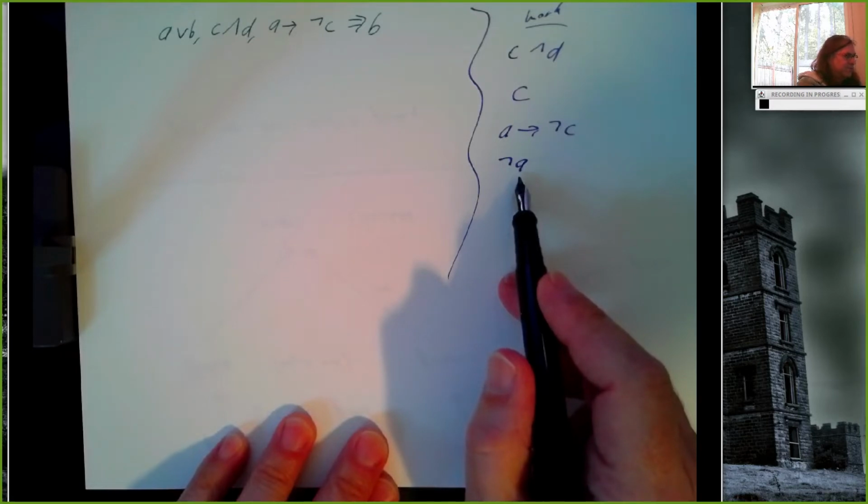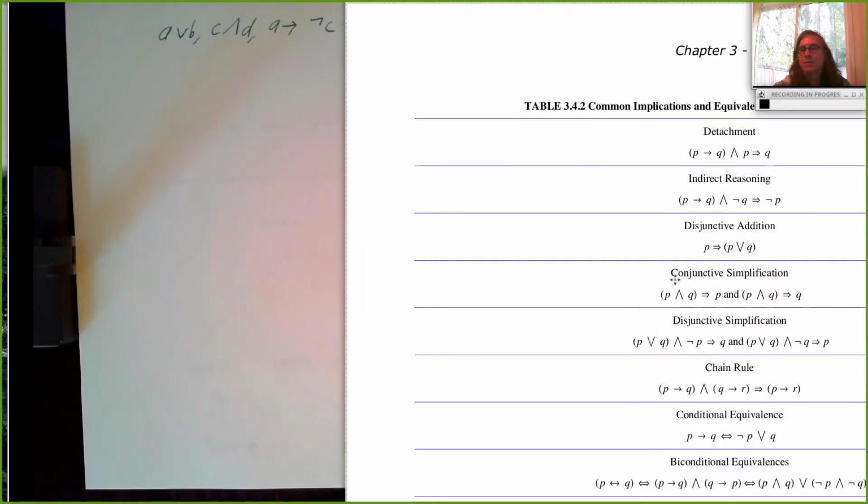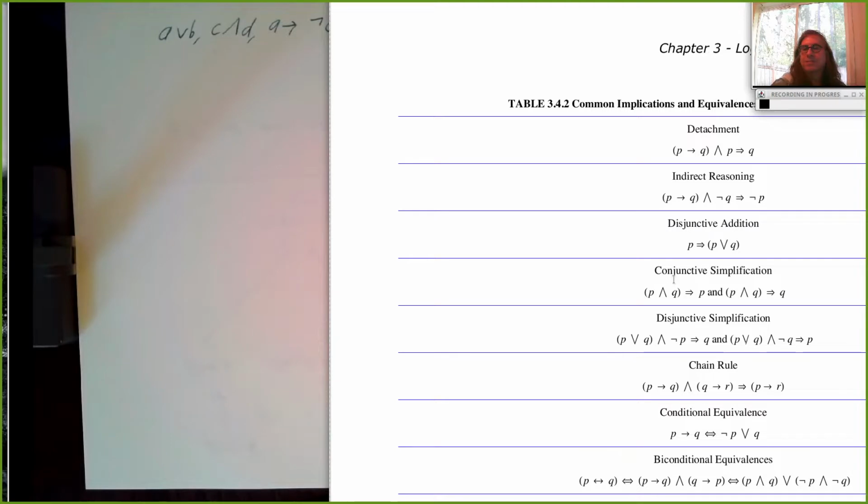And what can we do with not A? If not A is true, and that means with, I believe that's the A or B. Since we know that not A is true, that means that A is false. For A or B to be true, B would have to be true then. Right, exactly. So that's good old disjunctive simplification, right?